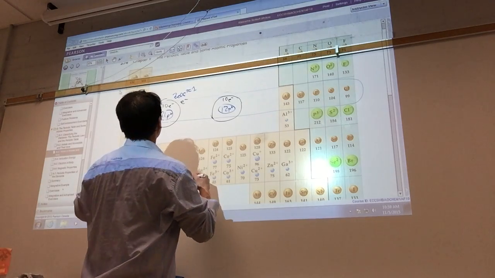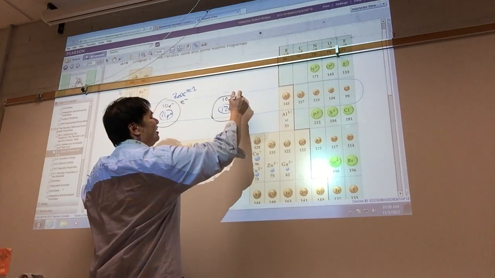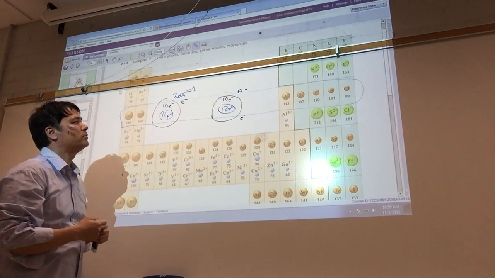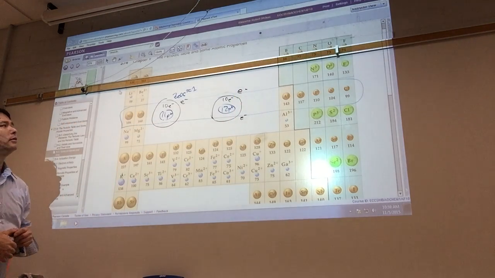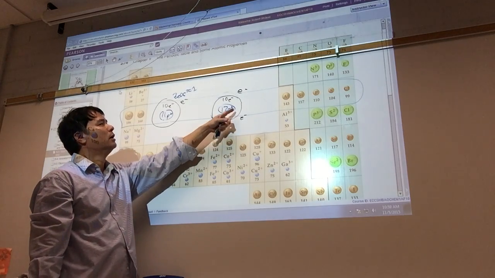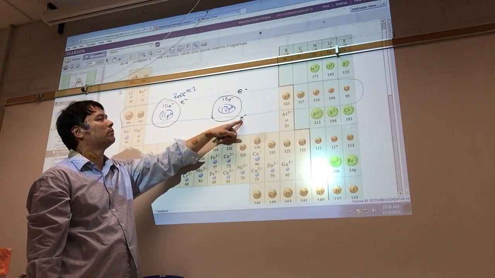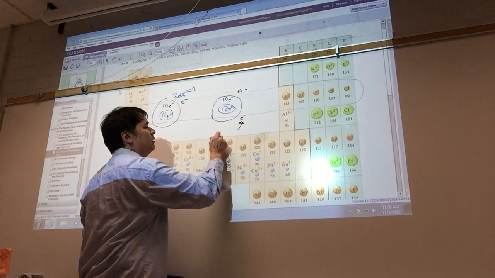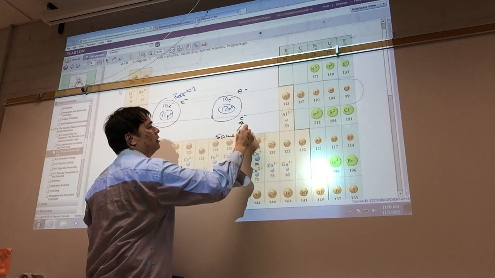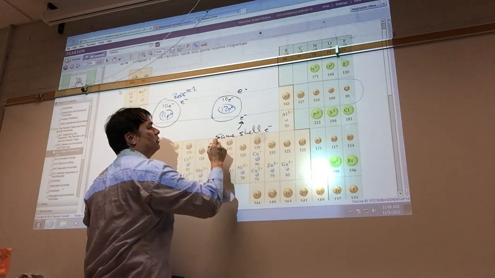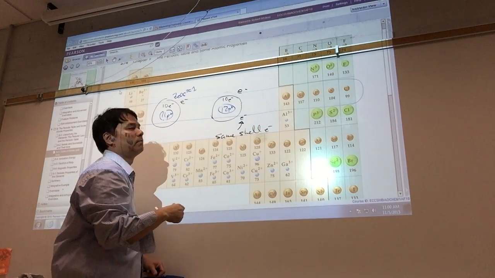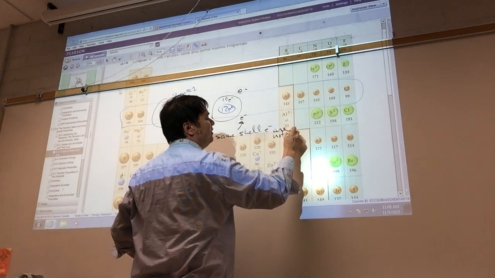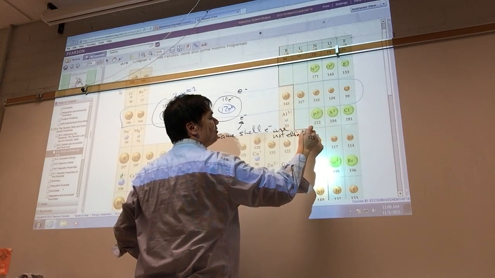Now, as we go over here, we have 2 electrons in the valence, in the 3s orbital. The 10 core electrons are going to be effective at shielding, but this other electron is what we call a same shell electron. Same shell electrons are not terribly effective shielders.